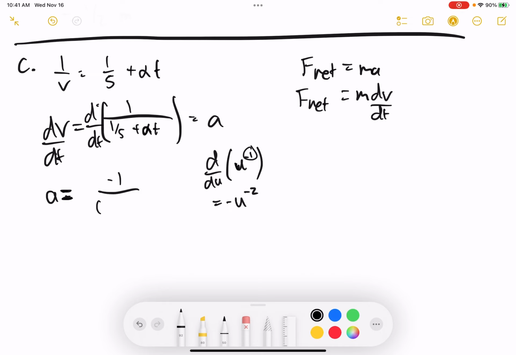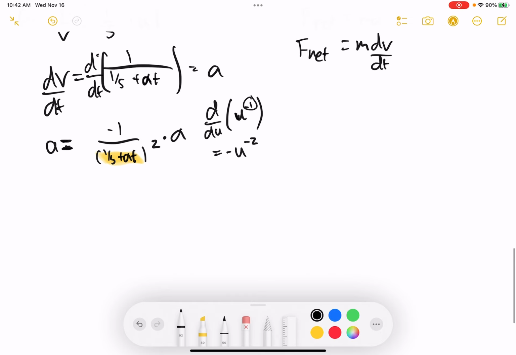So I have that negative, and down here I'll have 1/5 plus alpha t, squared. Then I have to take the derivative of the stuff inside, and that just equals alpha, so I'm multiplying by alpha.